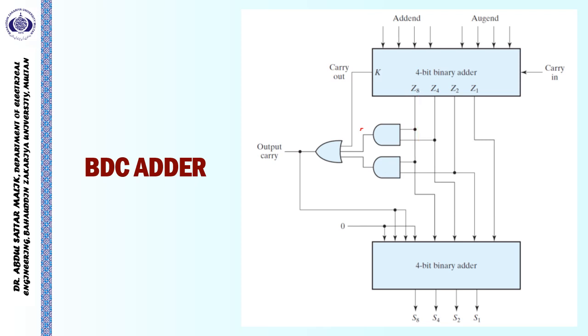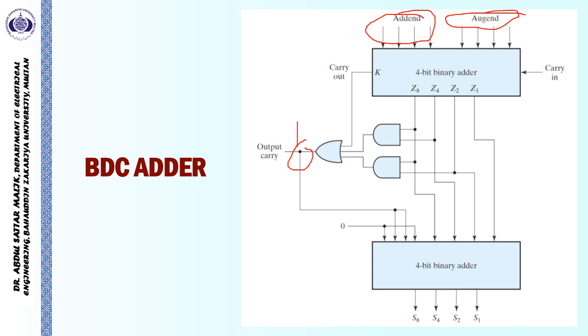The outputs of these two AND gates and the K bit are input to an OR gate. The output of this OR gate is called the carry bit. If this carry bit is 1, that indicates the sum of these two BCD numbers has gone beyond 9.